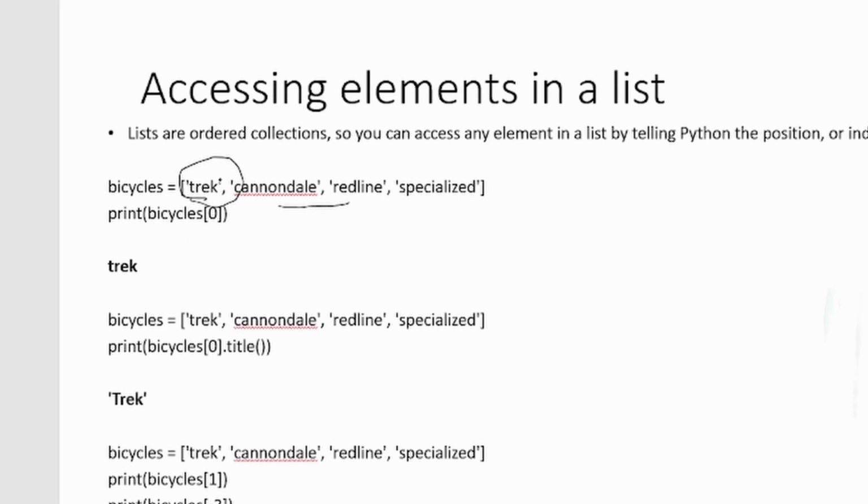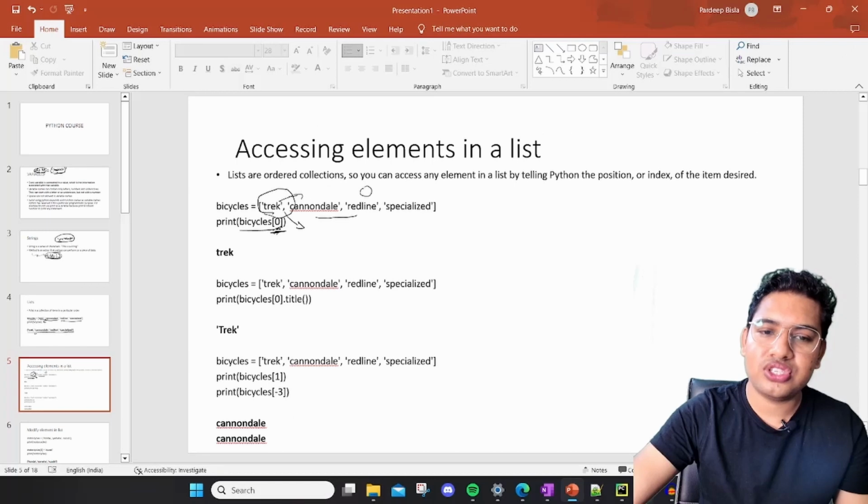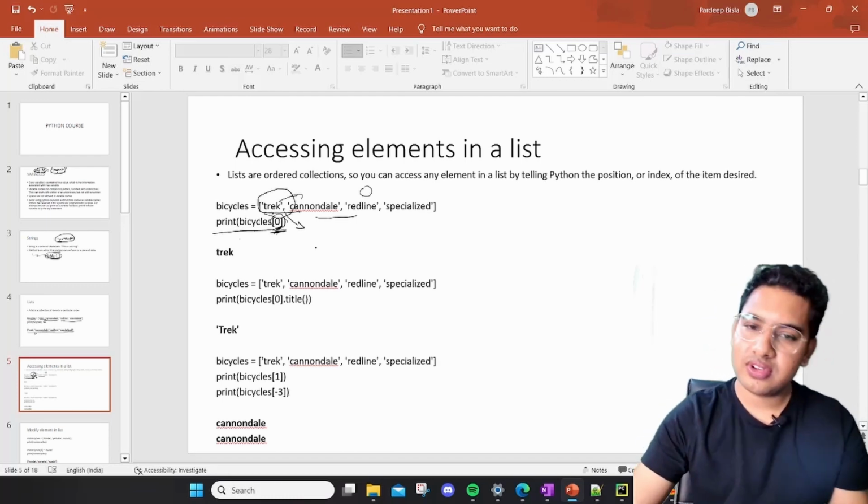I can use the index of that first item. In Python, indexing starts from 0, not from 1. So to access the first element, I have to use the 0 index. Bicycle is our list, and the first item is at position 0, at index 0. If I use print bicycle[0], it will print Trek as our first element.